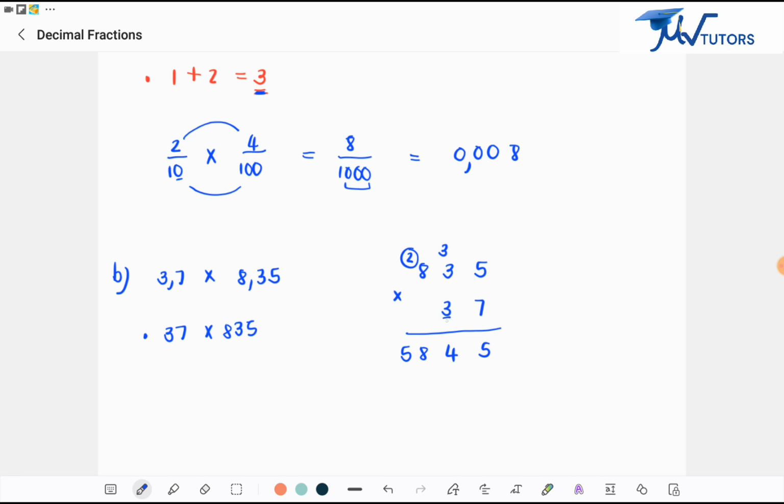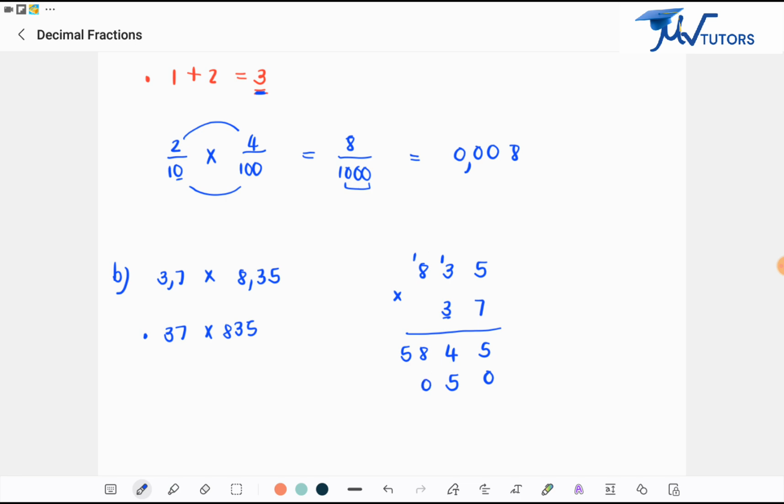Then before we deal with the 3, we need to put the 0 there, right? Because we're multiplying all of this by 30, not just 3. So that's why I put the 0. Now 5 times 3 is 15, and we carry the 1. 3 times 3 is 9, plus the 1 it's 10.